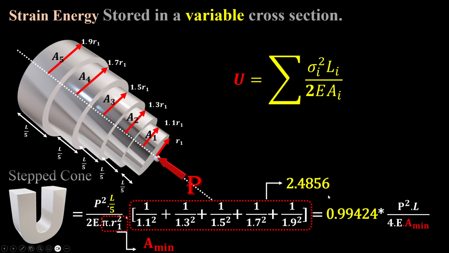If you do the math and write everything based on P squared times L over 4 times E A minimum, you reach a numeric value of 0.99, which shows our percentage of error is less than 10% when using the stepped cone in comparison to the tapered cone.